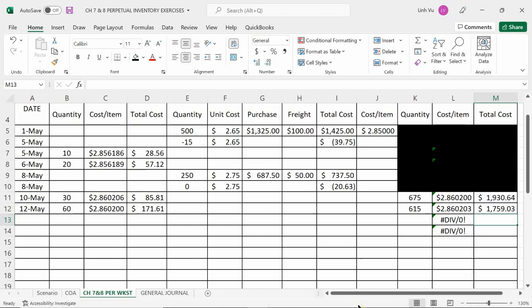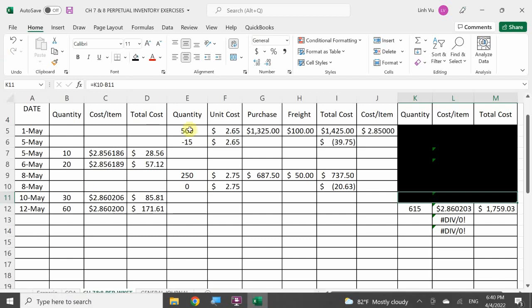So in this case, I adjusted my average cost per item. It is roughly the same, but it did increase by 300,000th of a penny, right? It went from 200 to 203. So again, after that, I should have 615 units left.